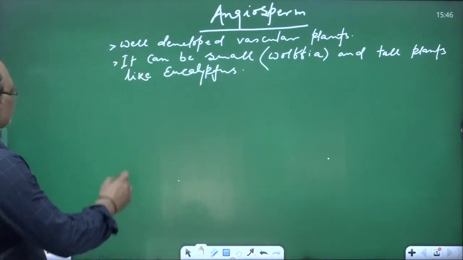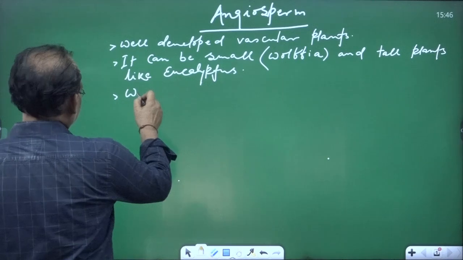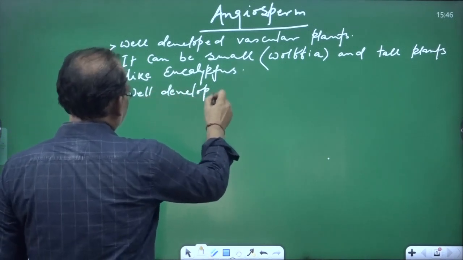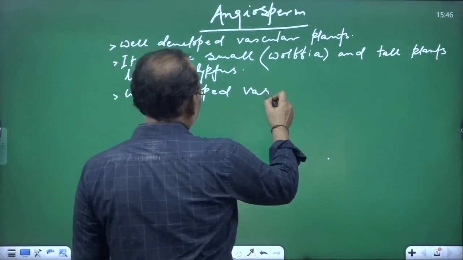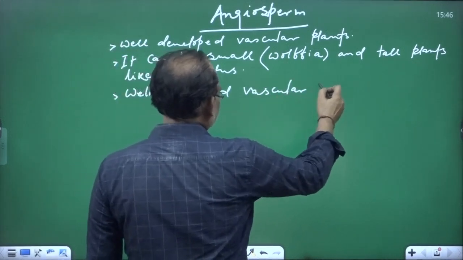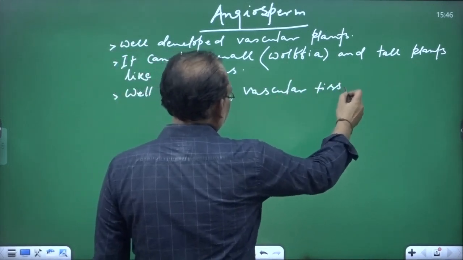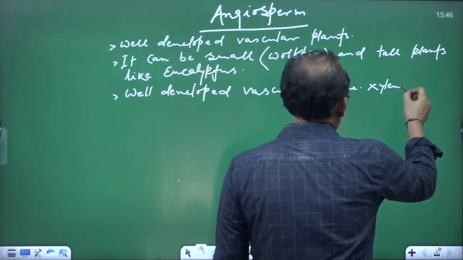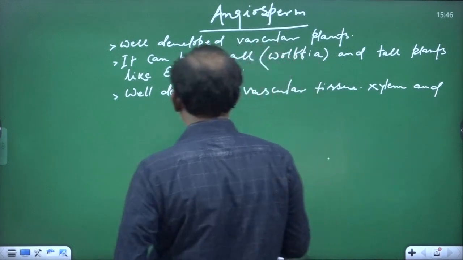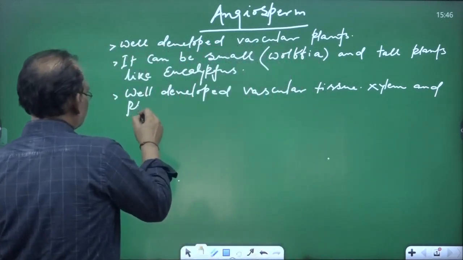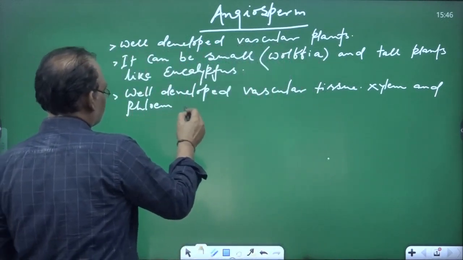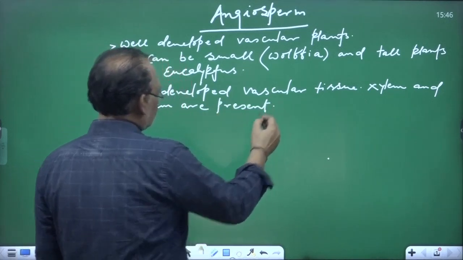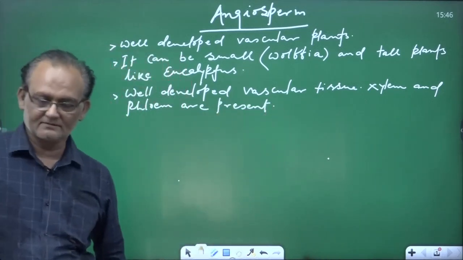They have a well developed vascular system, well developed vascular tissue. Xylem and phloem are present, right?